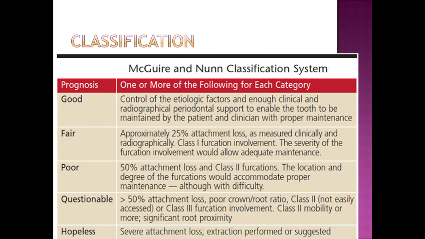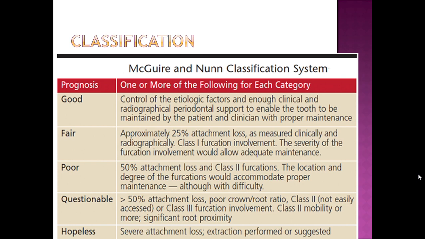Classification of prognosis was proposed by Maguire and Nunn, and according to that, prognosis is good, fair, poor, questionable and hopeless. In good prognosis, there is control of etiological factors, and enough clinical and radiographic periodontal support to enable the tooth to be maintained by the patient and clinician with proper maintenance.